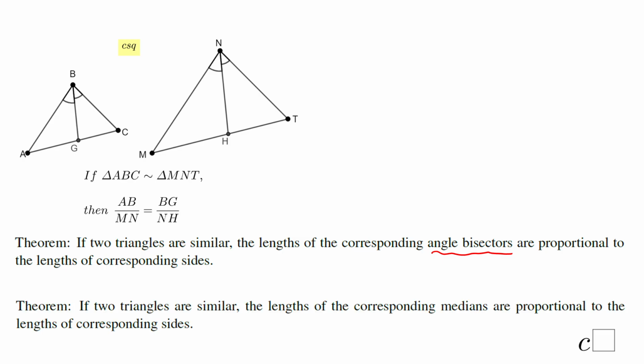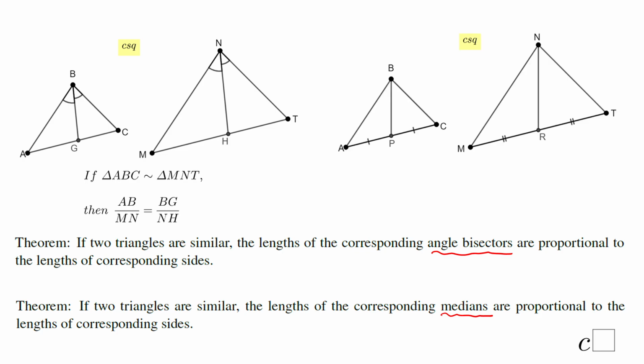And the last theorem, very similar to the other two, covers the last special part of a triangle, which is the median. The medians are also proportional in two similar triangles to the lengths of the corresponding sides. You can see that in my statement here.